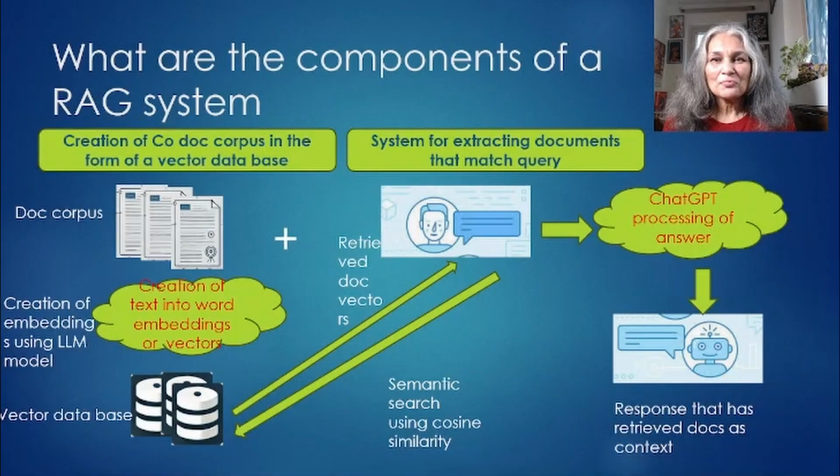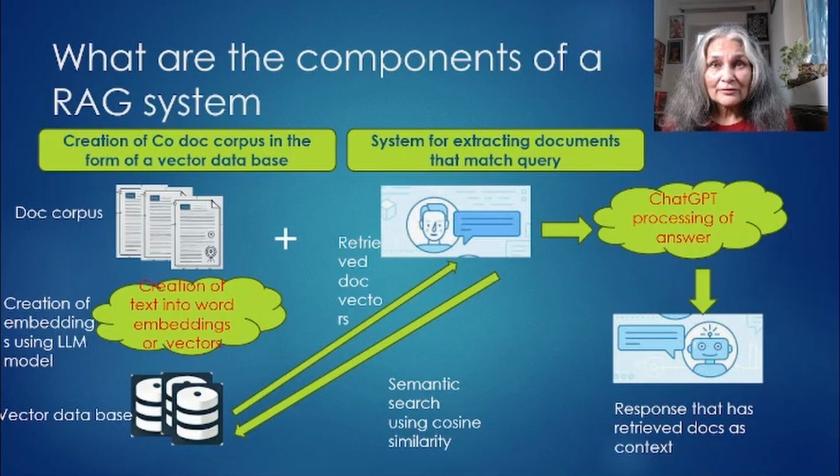So, what are the components of a RAG system? A RAG system is essentially a means by which a large language model such as ChatGPT is able to access company specific documents and then carry out some processing and return an answer which is definitely more context driven than had it relied on its own encoded knowledge system.